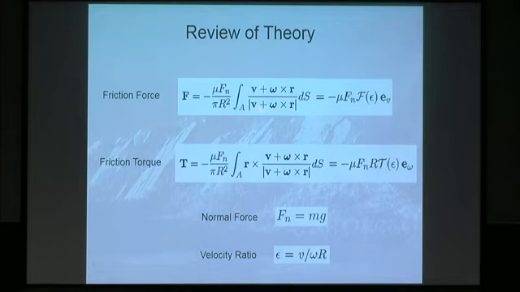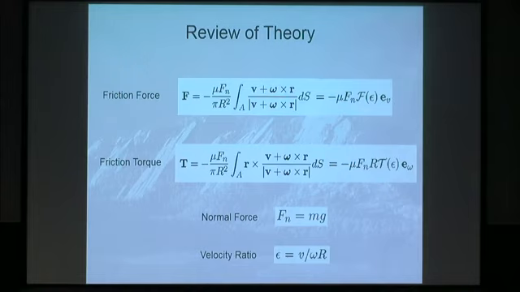That turns out to be minus mu Fn times some function of epsilon times a unit vector along the direction of motion. The torque is minus mu Fn over pi r squared times r cross this term. That turns out to be minus mu Fn times r tau of epsilon times a unit vector vertical for rotation.